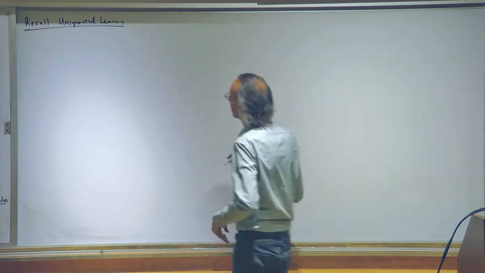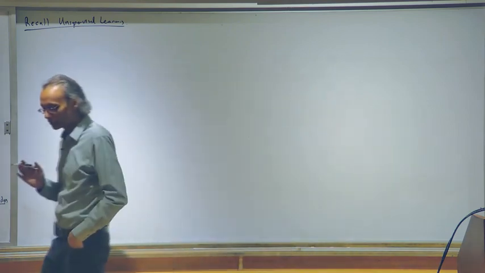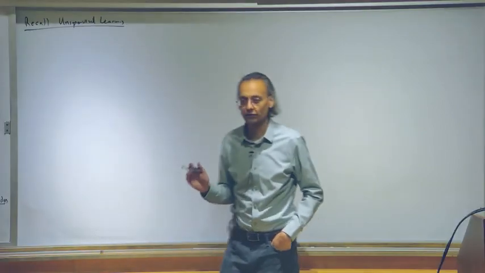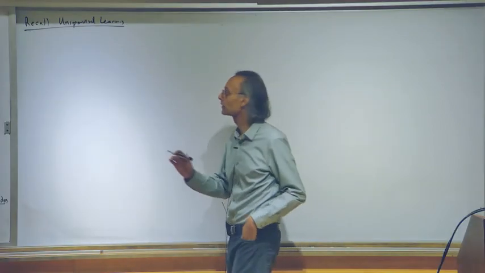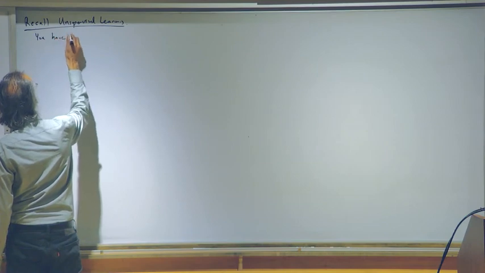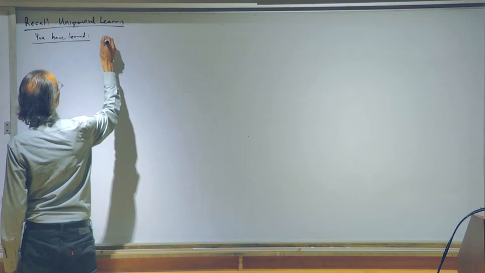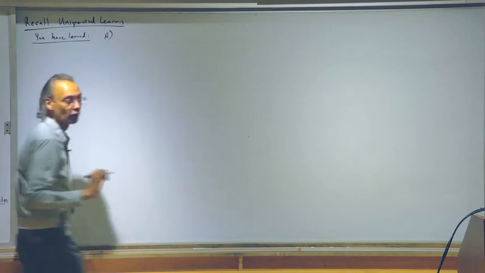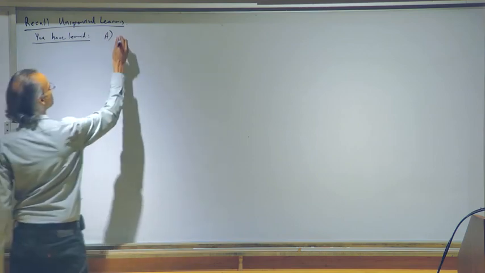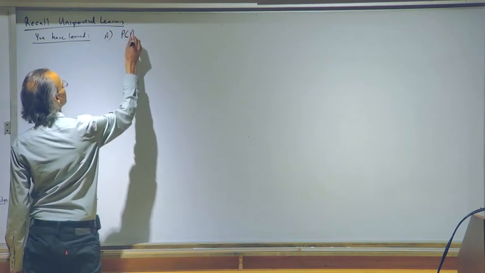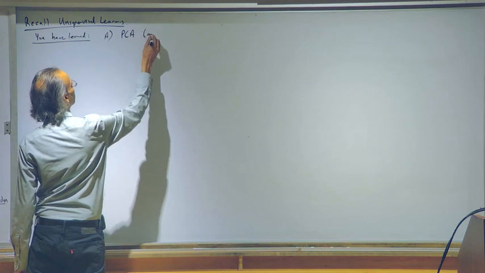So unsupervised learning, you've learned about it in your classes, and you've probably learned two algorithms or two approaches for unsupervised learning. One approach you've learned is basically PCA, PCA and friends.